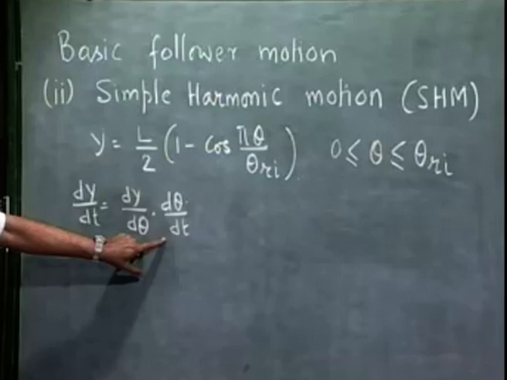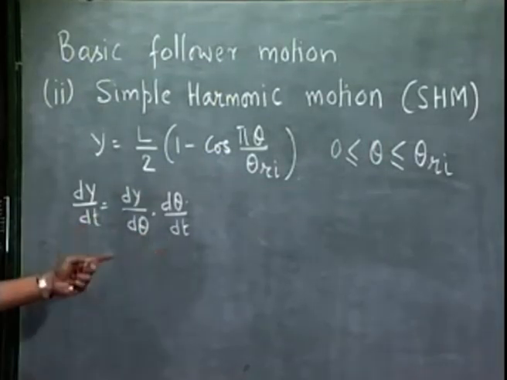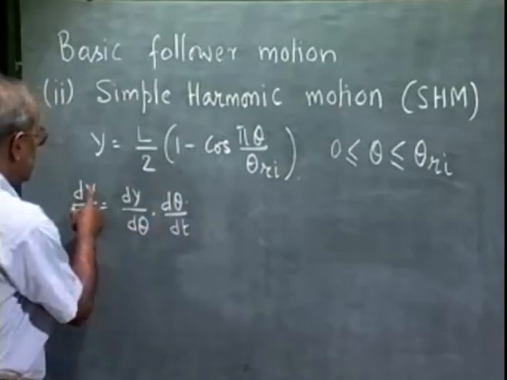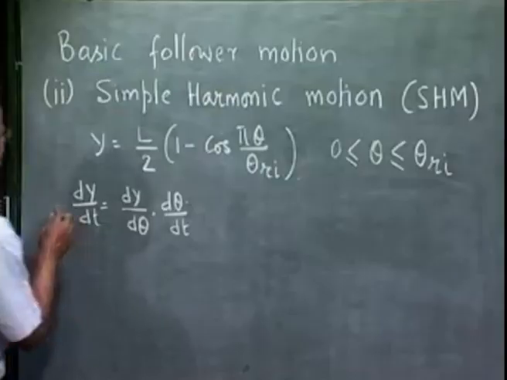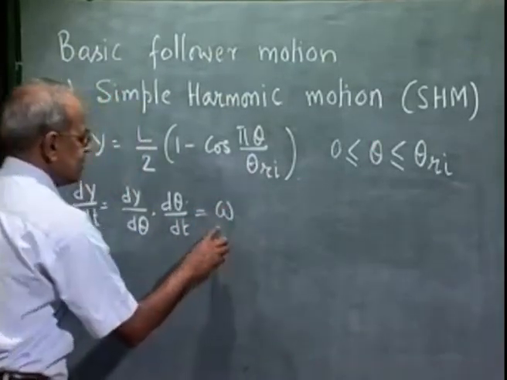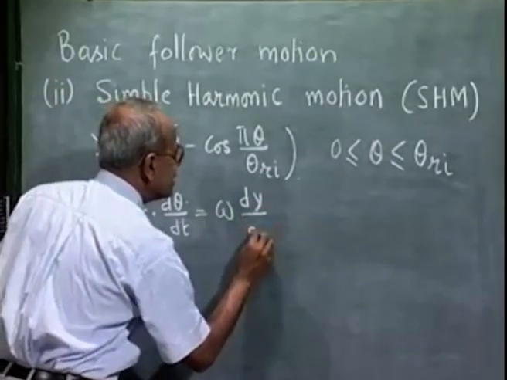And d theta dt is nothing but the angular velocity of the cam, which is constant, we assume. So dy dt, that is the velocity of the follower, can be written as omega, the constant angular velocity of the cam, into dy d theta.